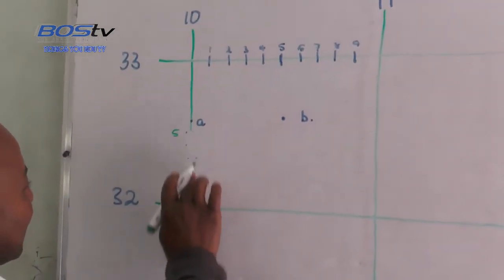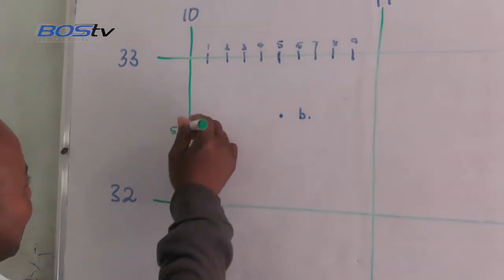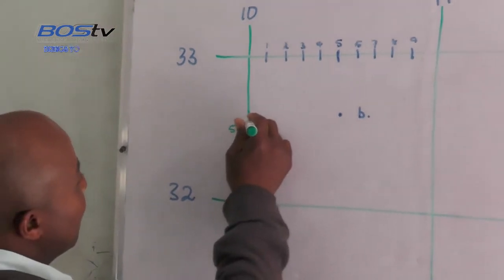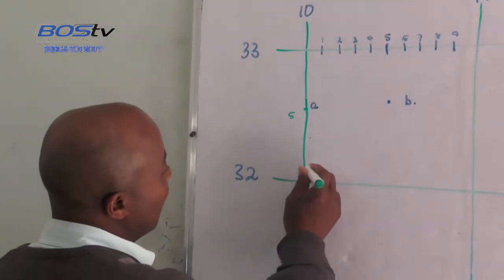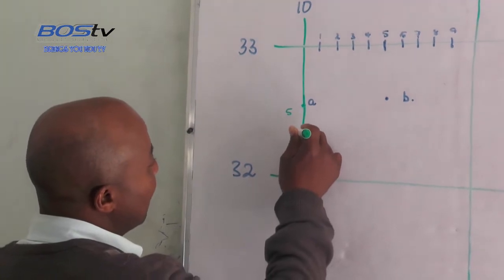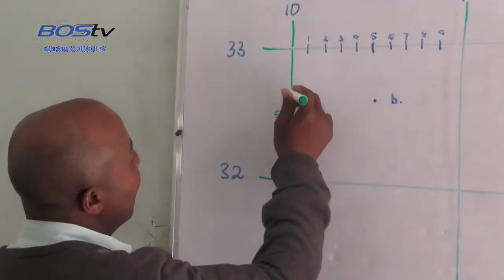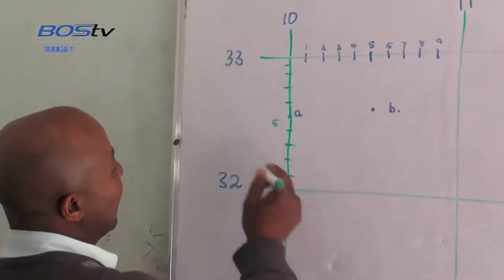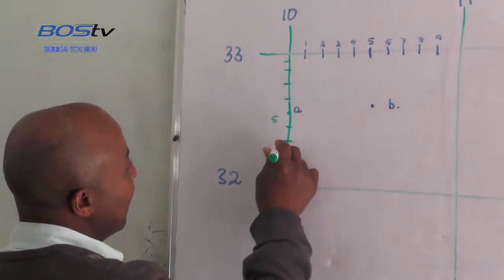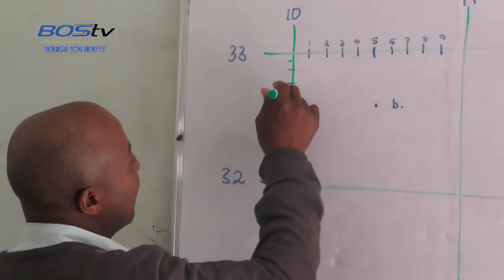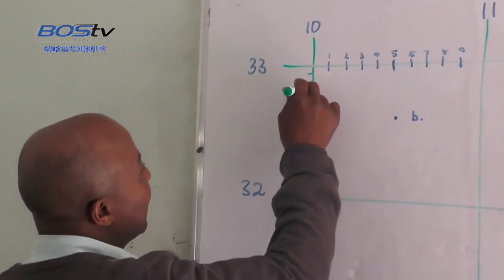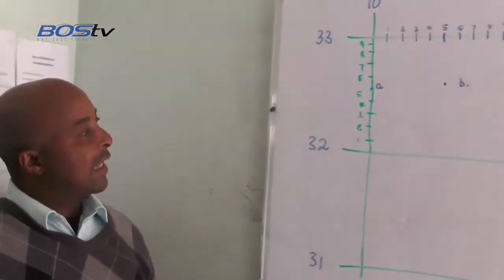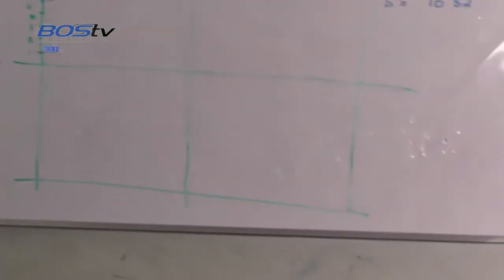Let's start all over again. 1, 2, 3, 4, 5, 6, 7, 8, 9. Make sure you do like what I have done.